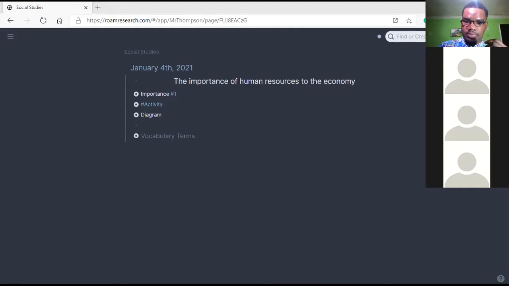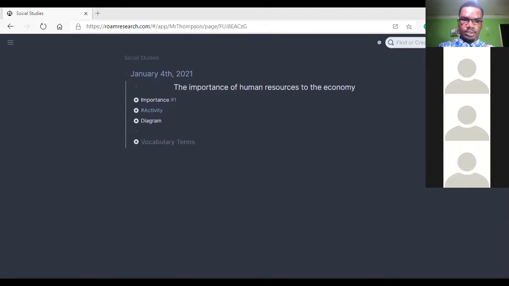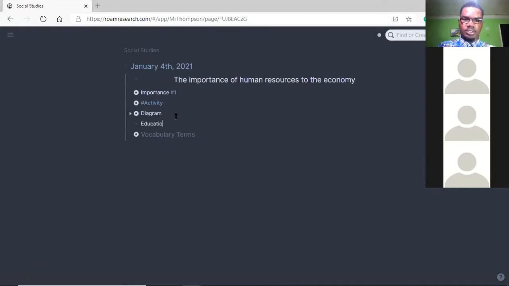The next part that we're going to look at is education and labor force. So the first topic was the importance of human resource.